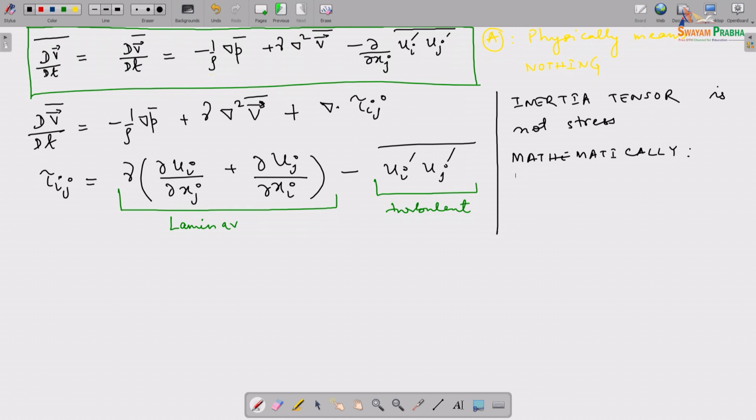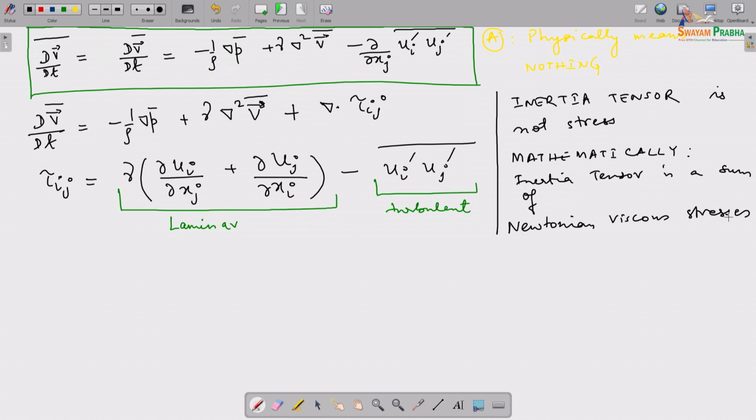So, basically now it is saying that the inertia tensor is a sum of Newtonian viscous forces, viscous stresses rather. Newtonian why?